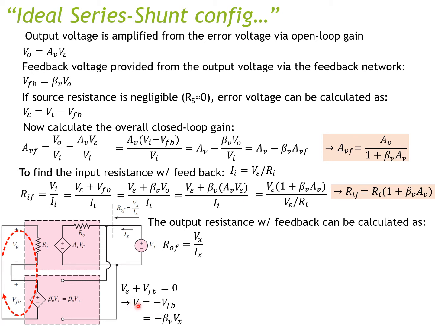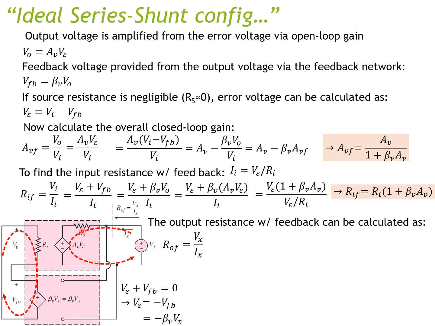Since we have the error voltage equal to negative VFB, the feedback voltage, which can also be calculated as beta Vx, because in this case I replace VO with Vx, the error voltage will be negative beta Vx.